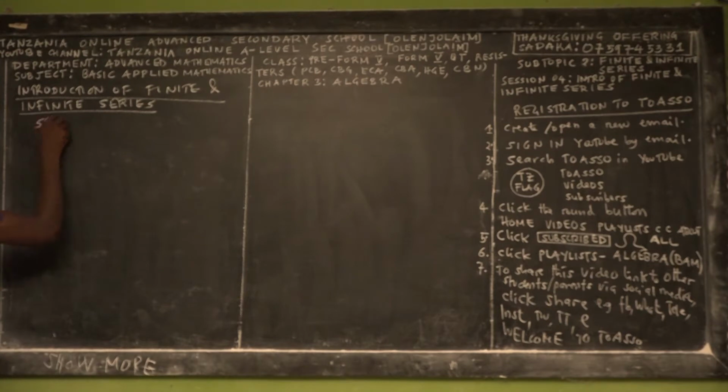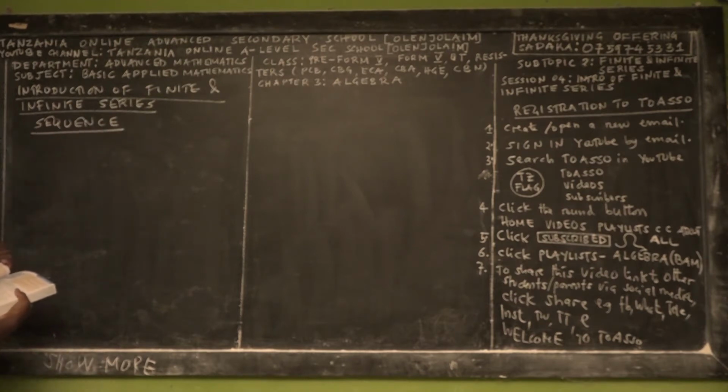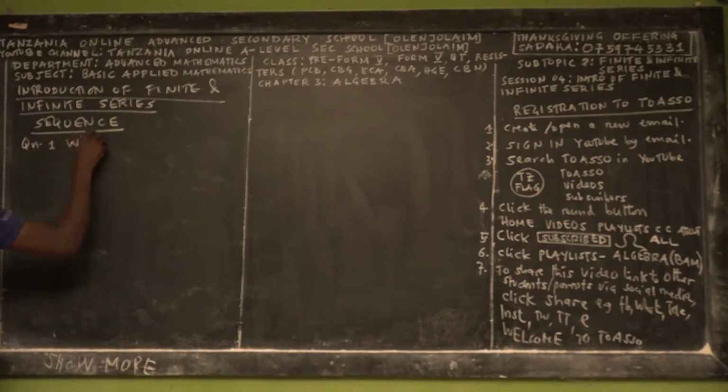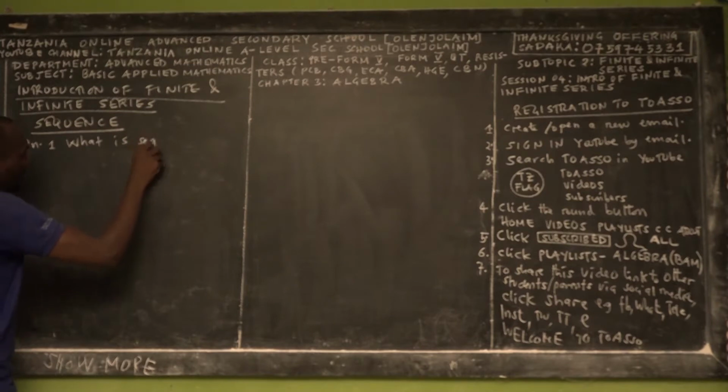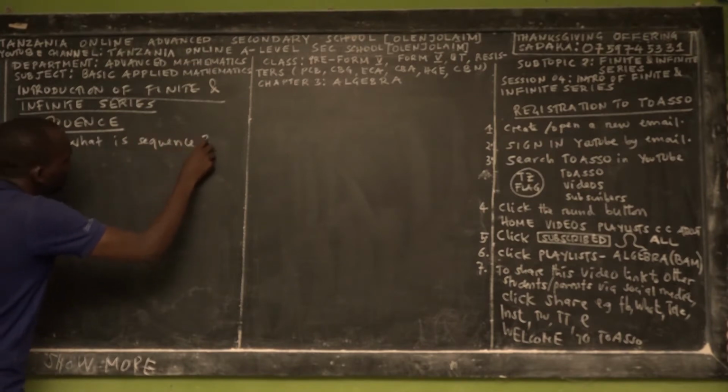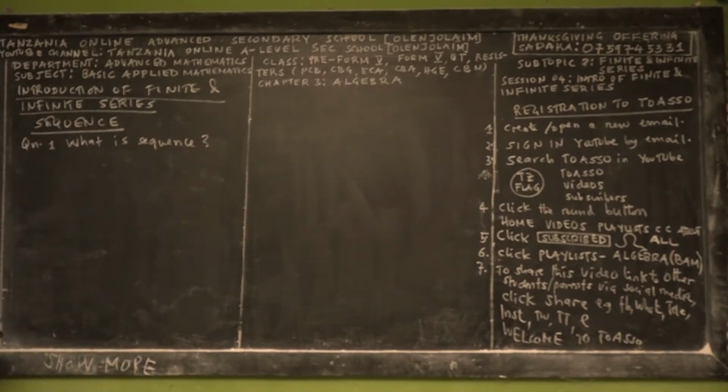The fundamental question is: what is a sequence? And how can we differentiate sequence from series?